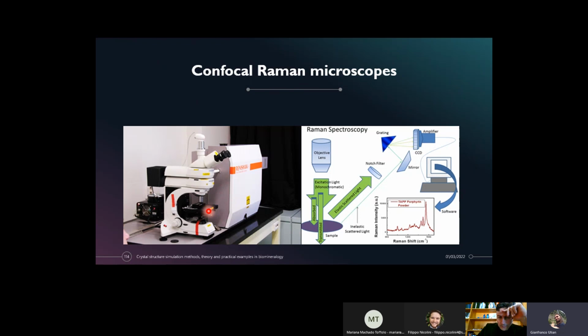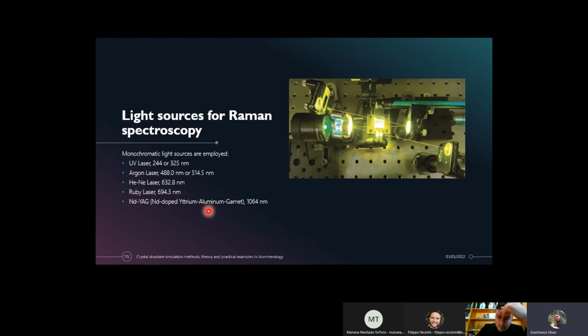It also depends on the choice of the laser, though not for the position of the peaks, because usually you center your spectrum on the laser wavelength and convert it into wave numbers, so you have a Raman spectrum comparable to the infrared spectrum. Your zero of the spectrum is the wavelength of your laser, so it doesn't affect. But the choice of the laser, you see in the next slide, affects how your spectra appear.